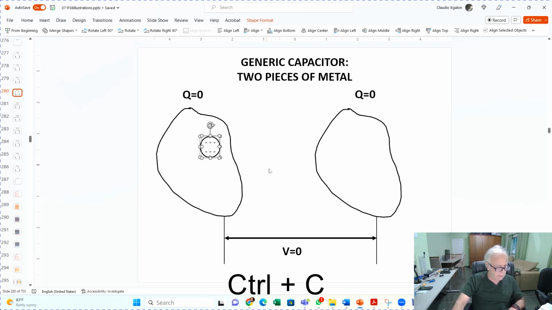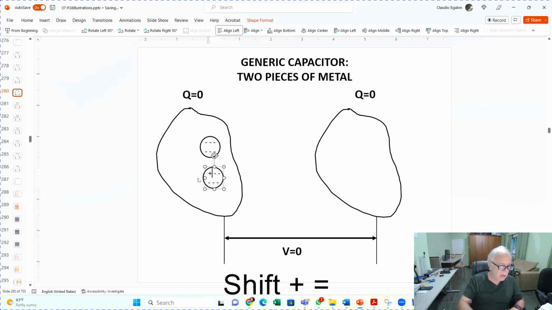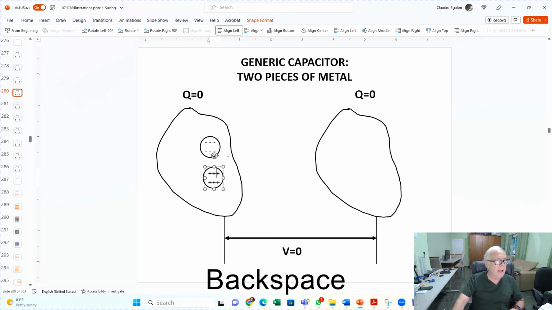So if at this point I have negative charges, those negative charges must be cancelled by the same amount of positive charges elsewhere. If I have, let's say, 6 negative charges at this spot, we must have 6 positive charges at this spot.